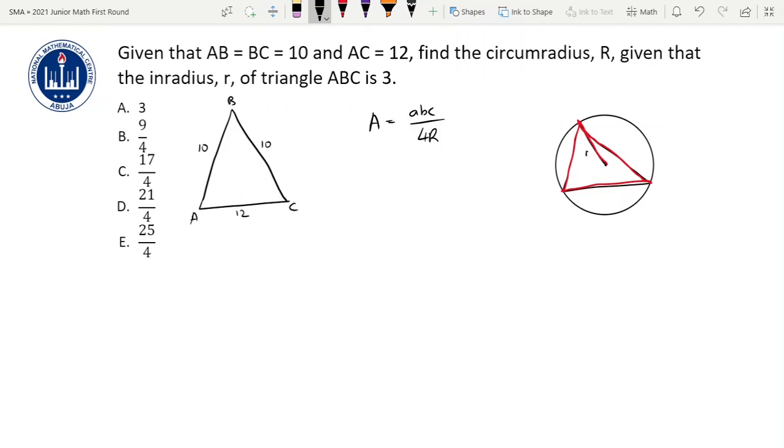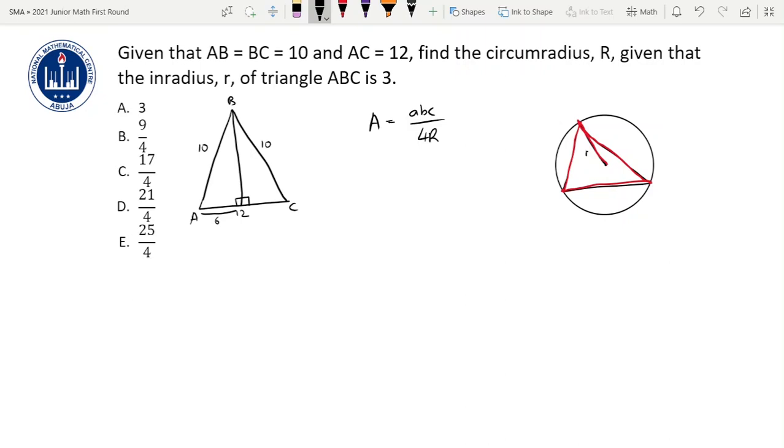The first thing we're going to do is find the area of the triangle we're given. Since this triangle is an isosceles triangle, if we draw a perpendicular bisector from this point B down to AC, it's going to divide the segment AC into 2 equal parts.